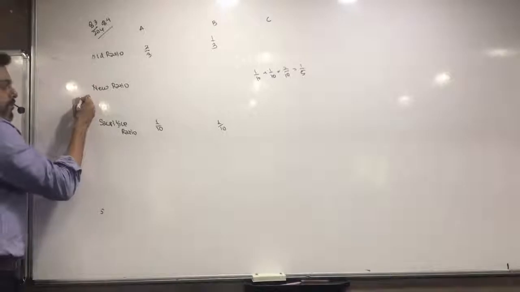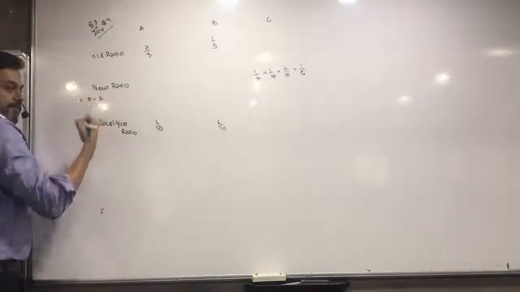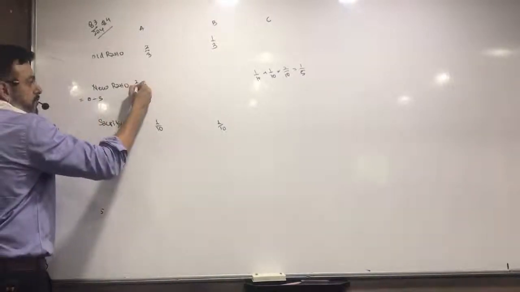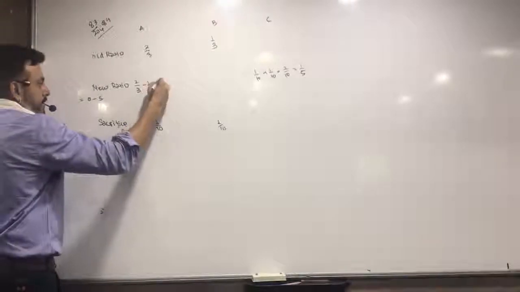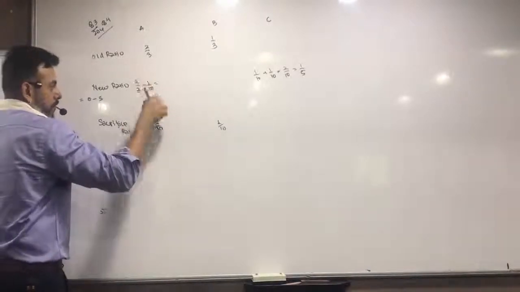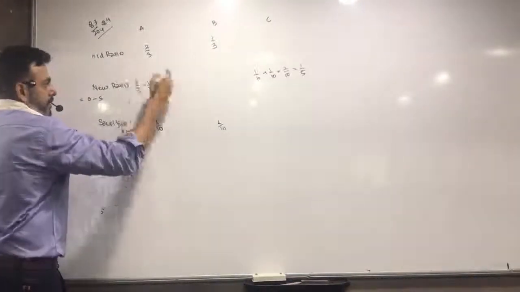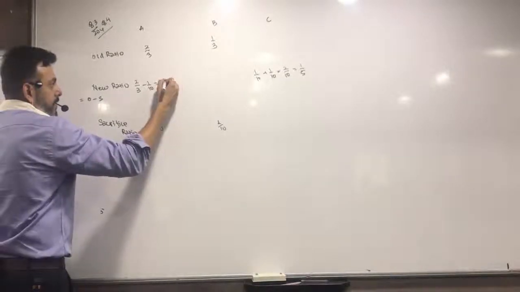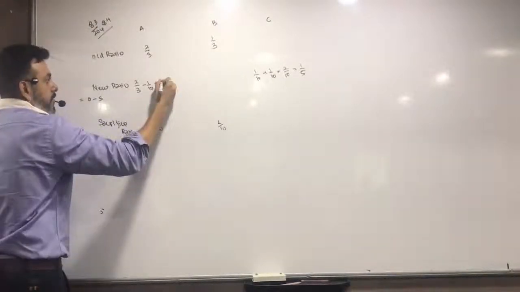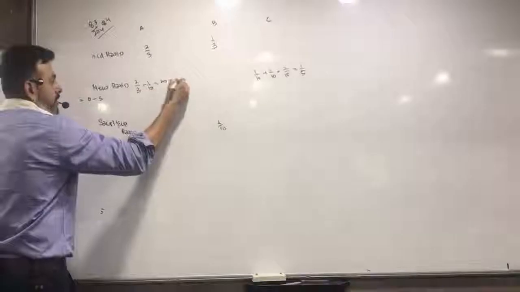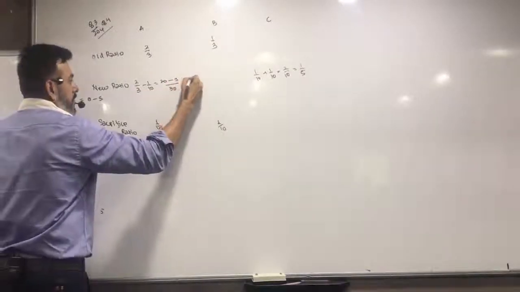New is equal to old minus sacrifice, 2 by 3 minus 1 by 10. So cross multiply, that's the best thing. 10 2s are 20 minus 3 1s are 3 upon 30, 17 by 30.